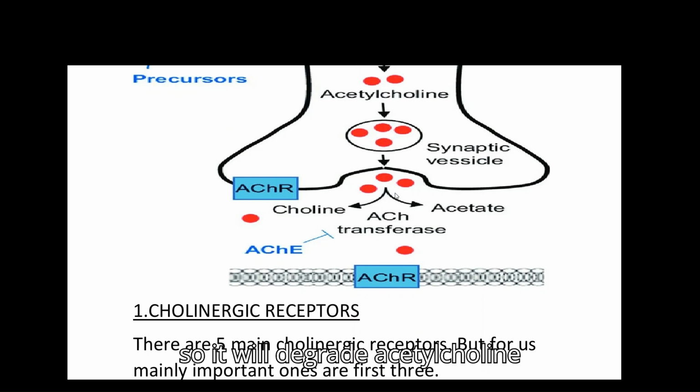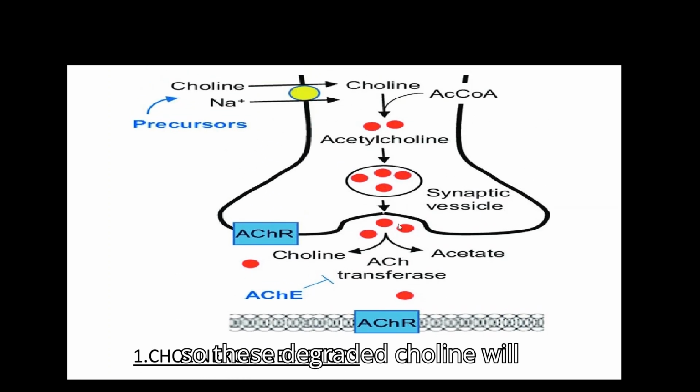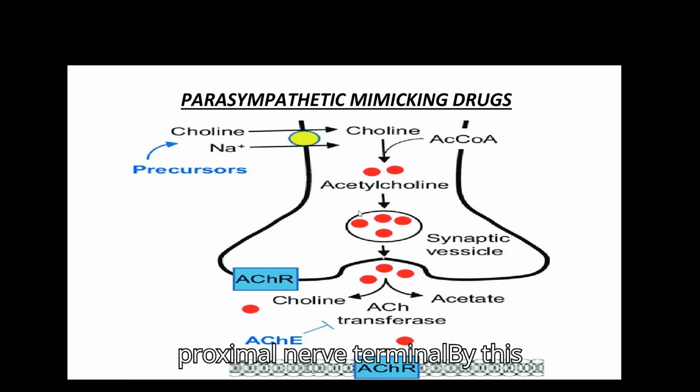It will degrade acetylcholine into choline and acetate. This degraded choline will again be reuptaken into the proximal nerve terminal by the sodium choline channel. So this is basically what happens in the parasympathetic nerve terminal.